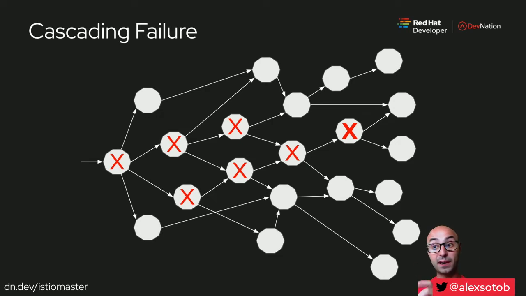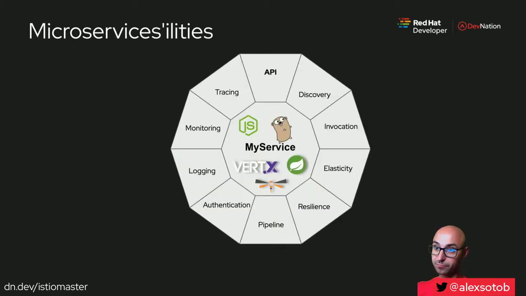The service that is failing and all the services that directly or indirectly call this service are going to start failing as well. So now you've got this kind of scenario where you need to think about how we could make our application more resilient. So when there is a failure in the middle of the mesh, it's not propagated through all the services.